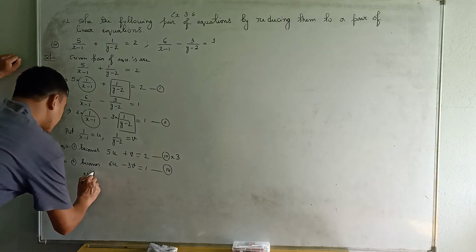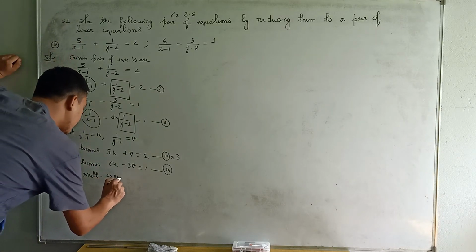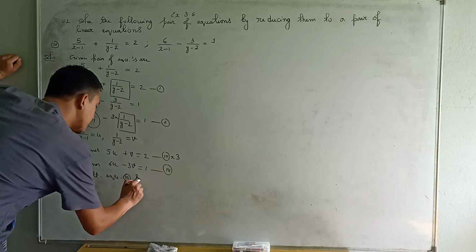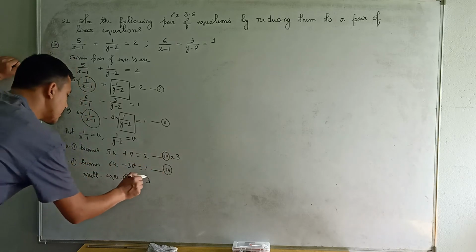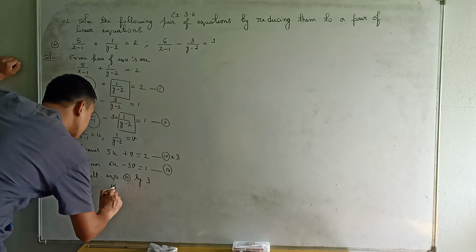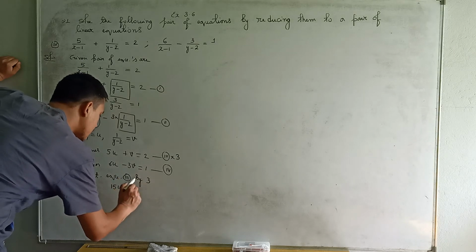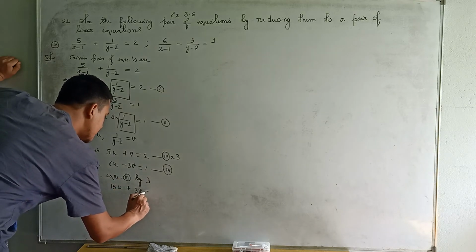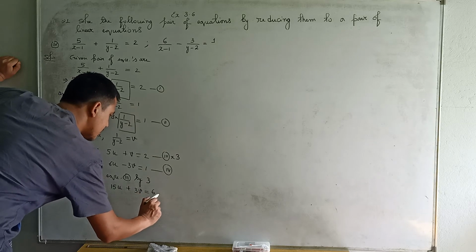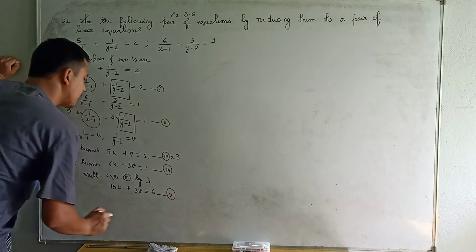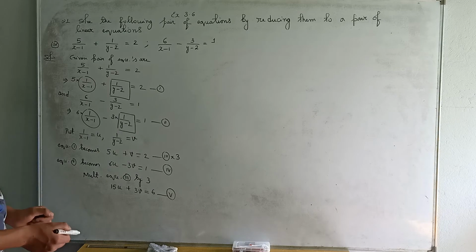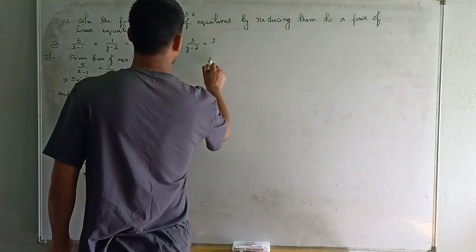So multiplying equation 3 by 3, 3 5 times is 15u plus 3v is equal to 6. Equation number 5.